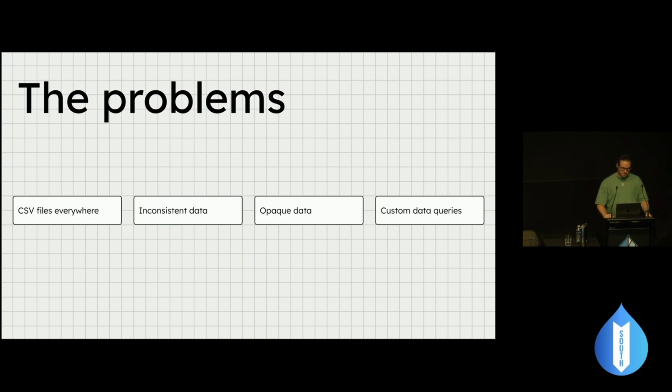All their data were in CSV files, and they weren't really willing to change that. And they had a bunch of inconsistent data, so the headers inside the CSV file could change from month to month, which is don't do that.